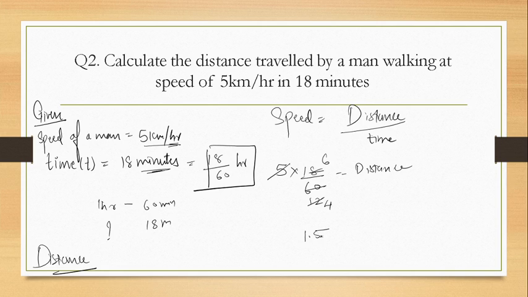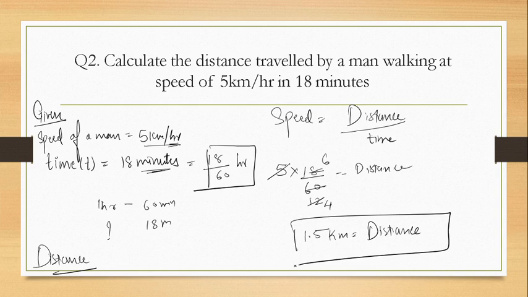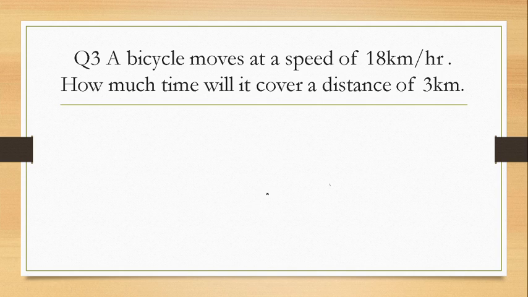So 1.5 kilometer is the distance. You can convert into meter also, just multiply by 1000. So this is 1500 meter. Very simple. I hope you have understood this.